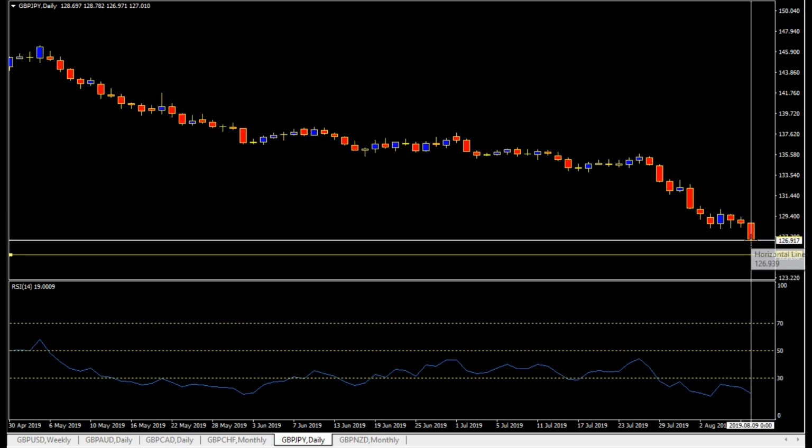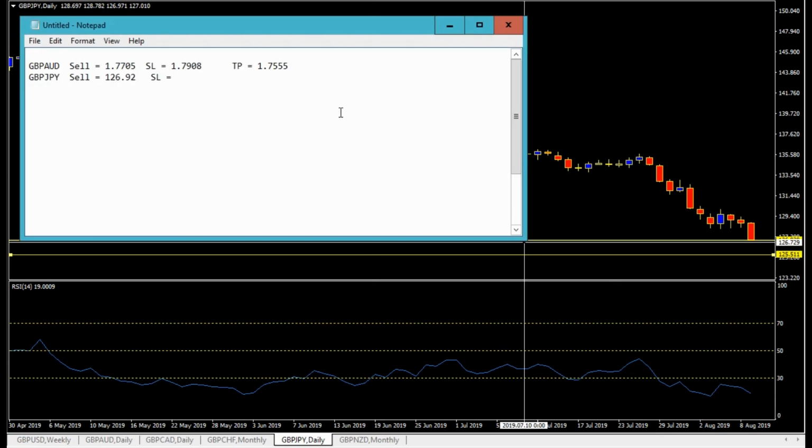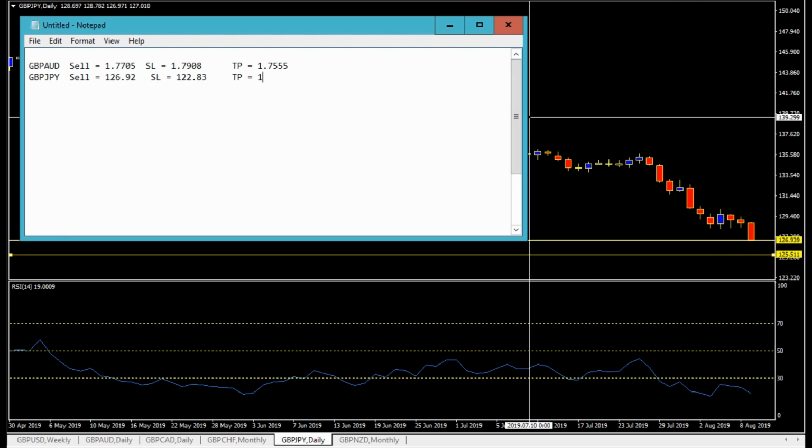What is the high of this? High is 128.78, so it's going to be 128.83. That is the stop loss, and the take profit is going to be 125.51.